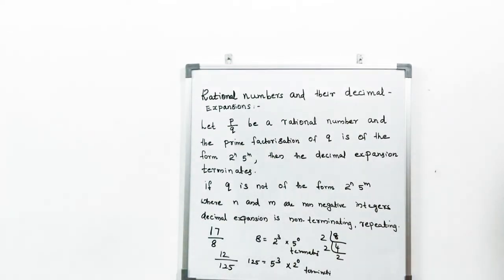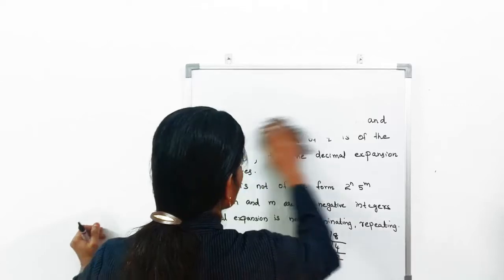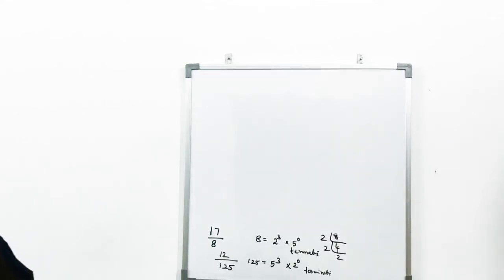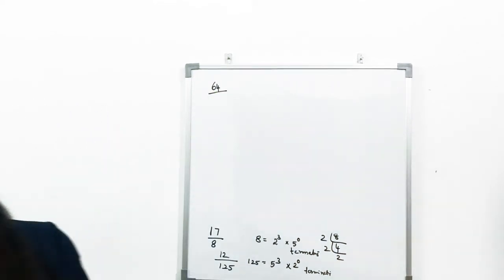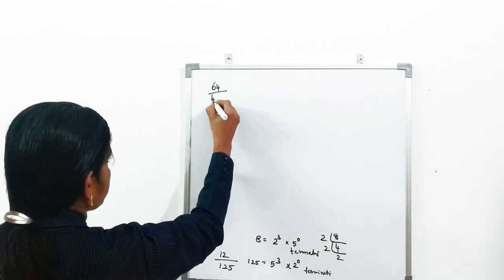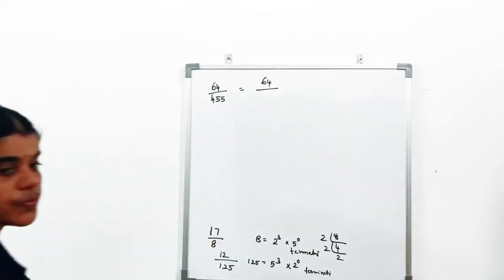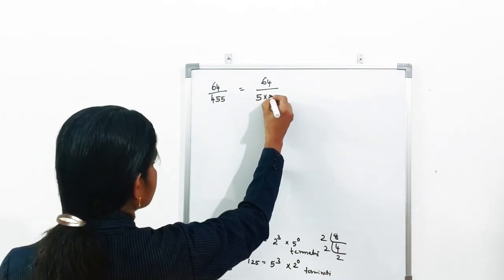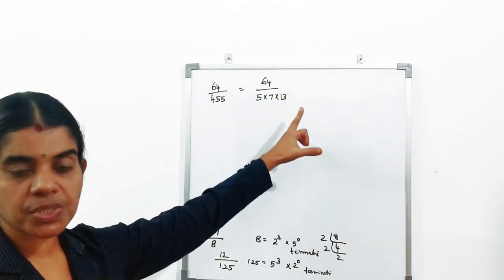Just listen. 64 by 455. Then you want to find the factors of 455. That will be 5 into 7 into 13. This is not in the form of 2 raised to n and 5 raised to m.